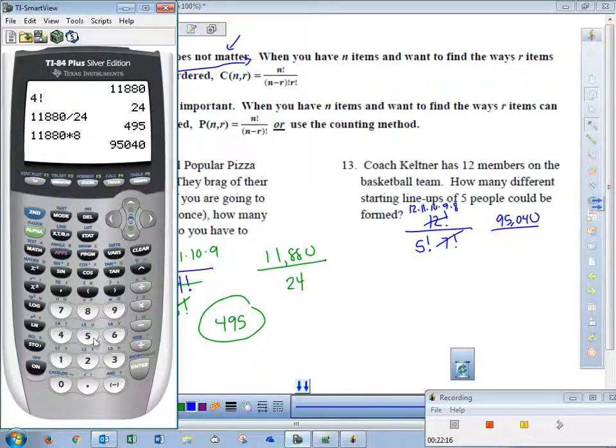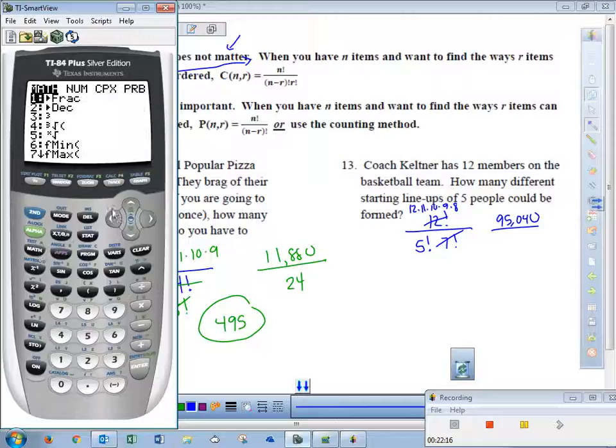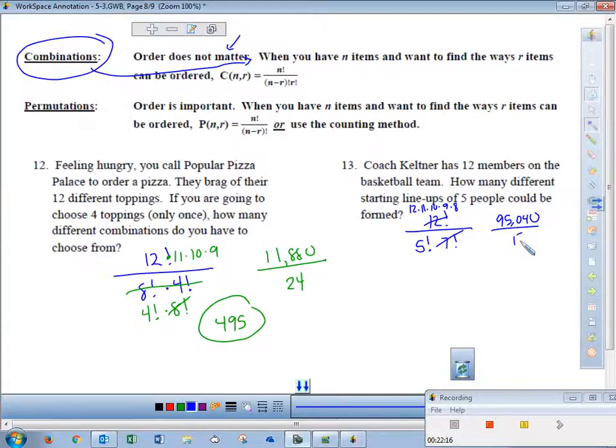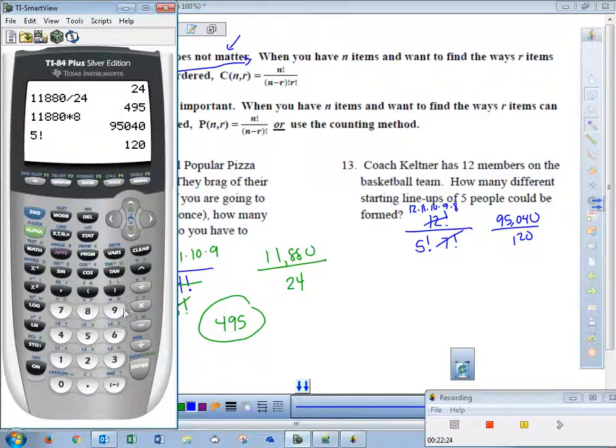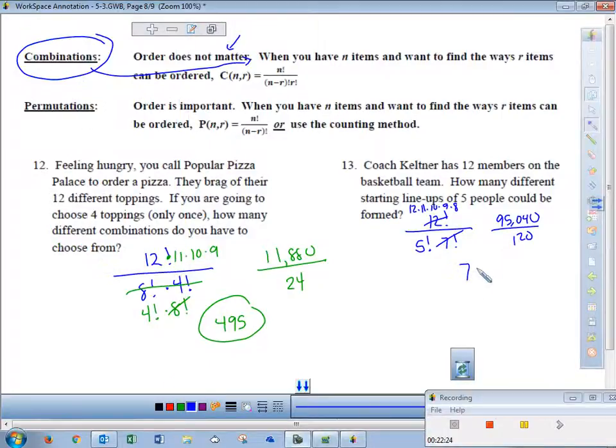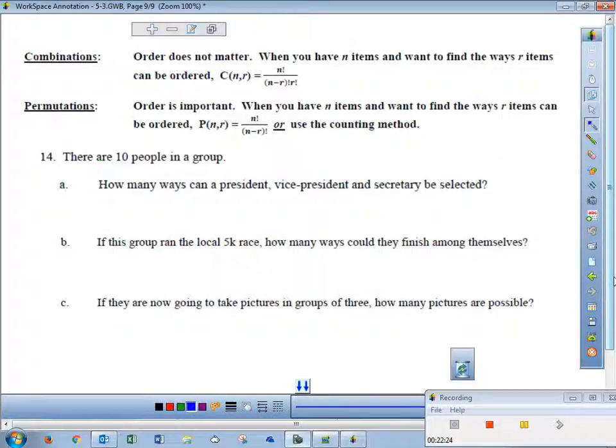I'll punch that in. 5 math probability 4, 120, and then I'll divide that out. 95040 divided by 120. 792 different ways. So if 12 people choose 5, he has a possibility of 792 different starting lineups he could choose.